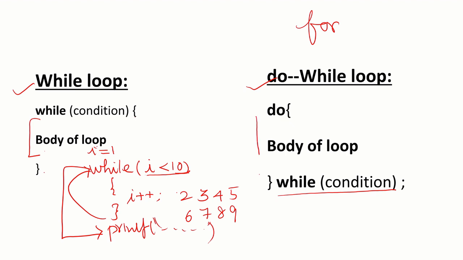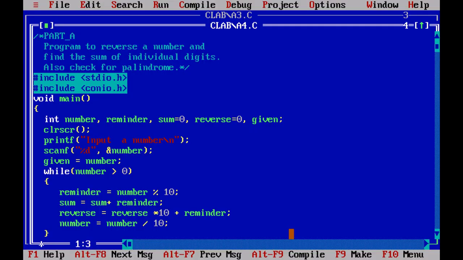So the body of the loop will be executed at least once, then we check for the condition. This we call the do while loop. Both while loop and do while loop can be used in your program. We are going to use the while loop in this particular program.